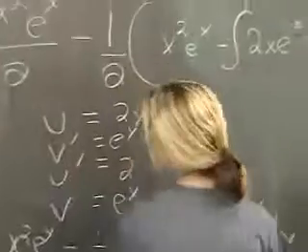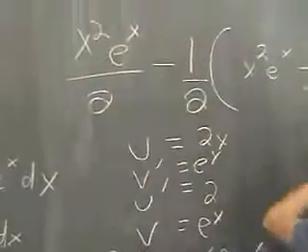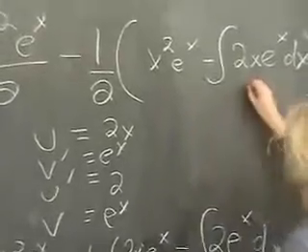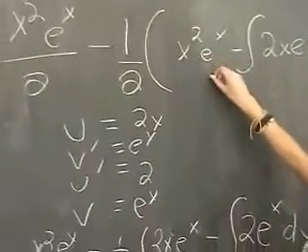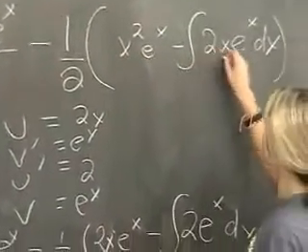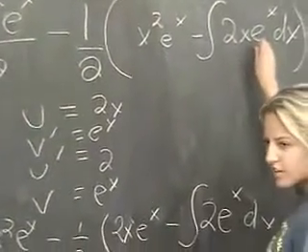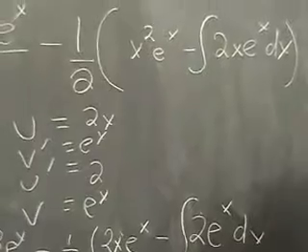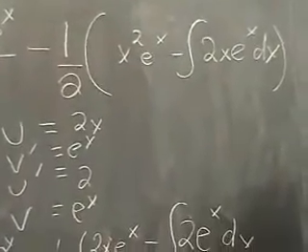So then we come over here, and we have the whole thing written out, and then this is what we get. But we have our uv minus u prime v that we just did, and again, we can't solve the integral of 2x e^x without parts.